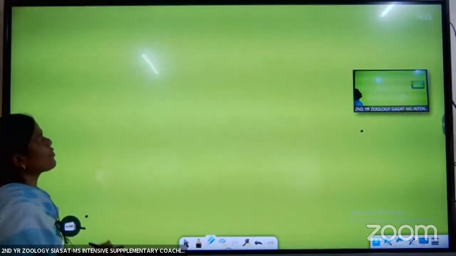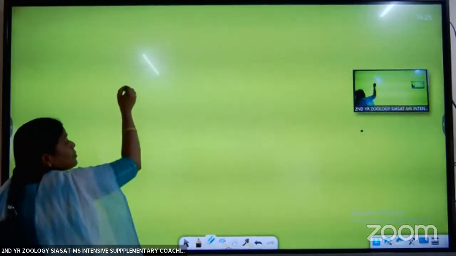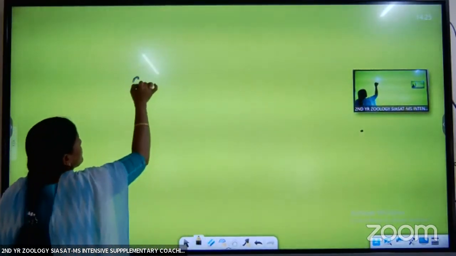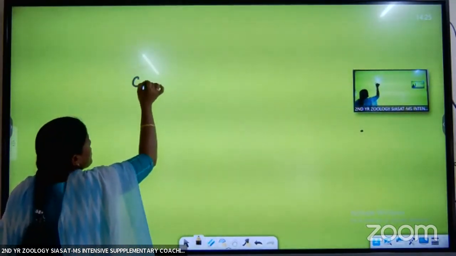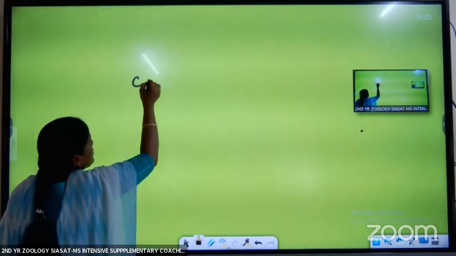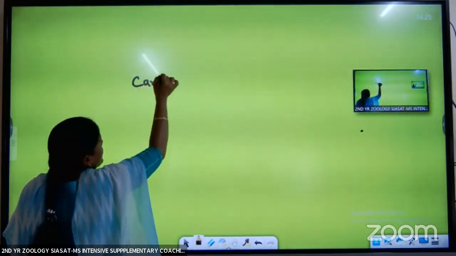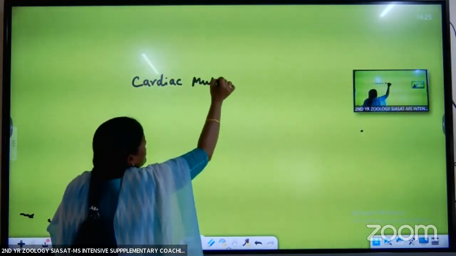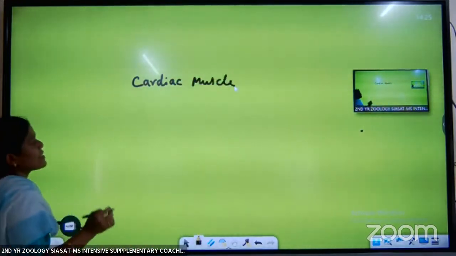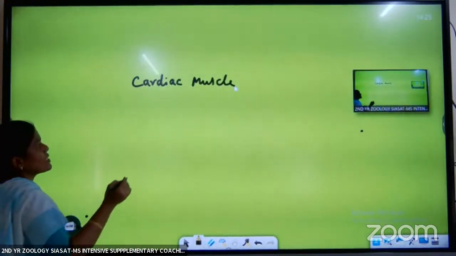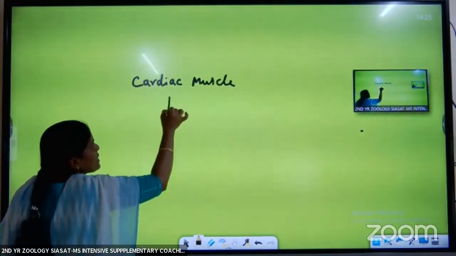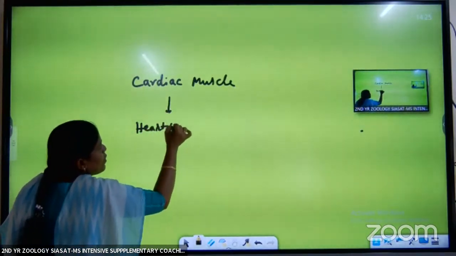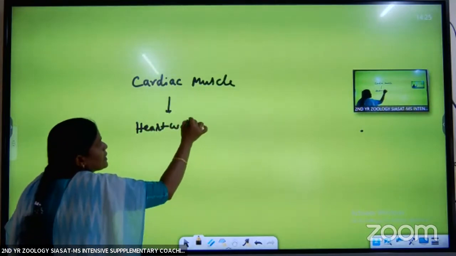Next, the heart is made up of cardiac muscle. The heart wall contains three layers.